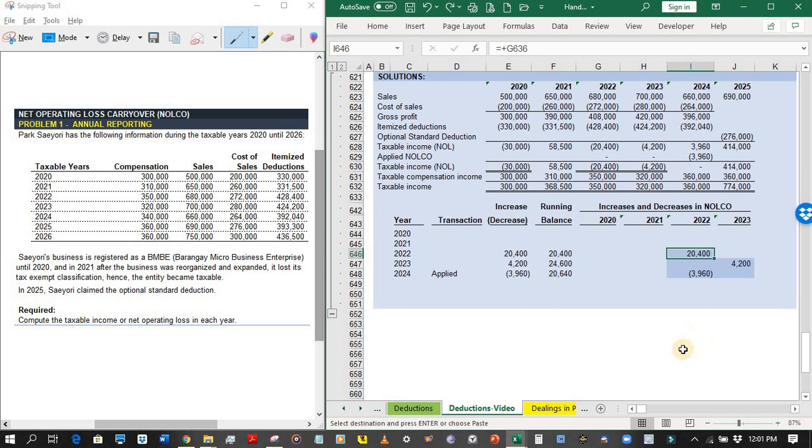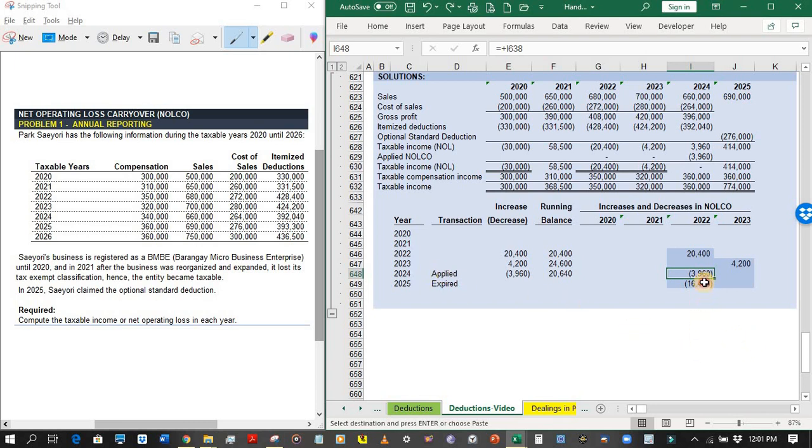So which means that in 2025, there will be a decrease in our available NOLCO because of the expiration. And how much will be the amount to be expired? That is 16,440. So the 16,440 is computed as 20,400 less 3,960 that was applied in 2024.